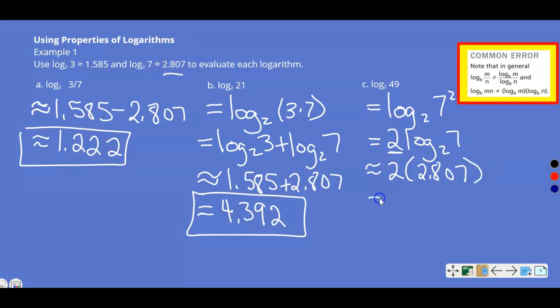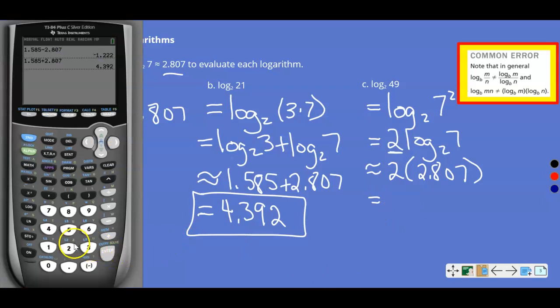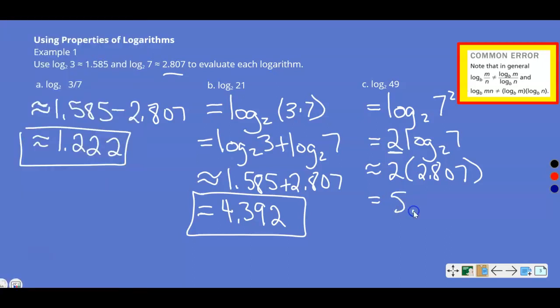That's going to give us 5.6 something. Let's see, 2 times 2.807 is 5.614. So this one's going to be 5.614.